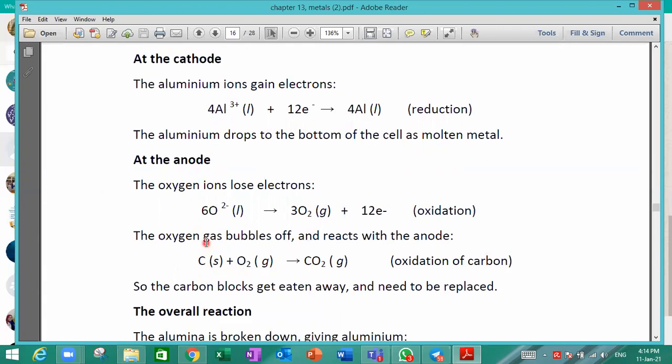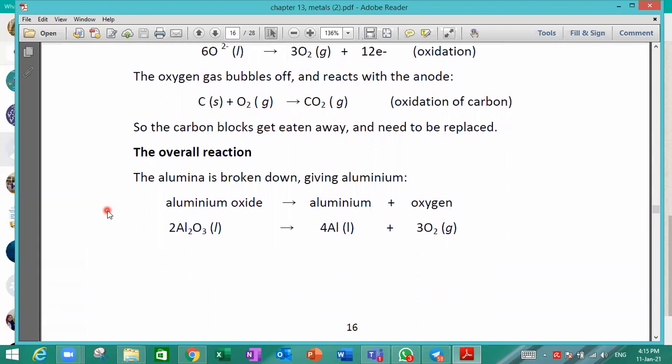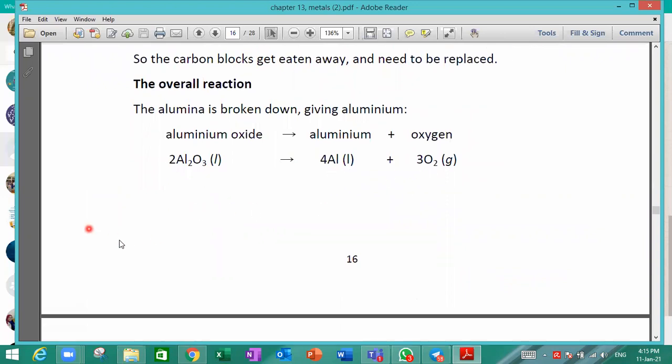And also at the anode, the oxygen gas that is produced will react with carbon electrodes to form carbon dioxide. So the carbon blocks will be eaten away and need to be replaced. So the overall reaction is that the aluminium oxide present in the bauxite ore will change to aluminium liquid and oxygen gas.